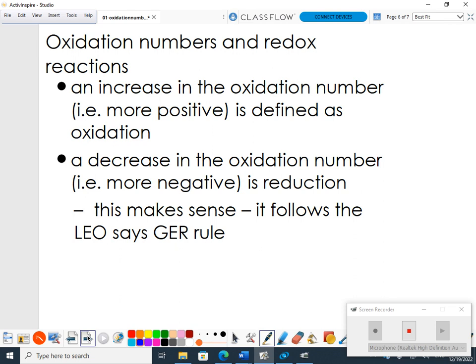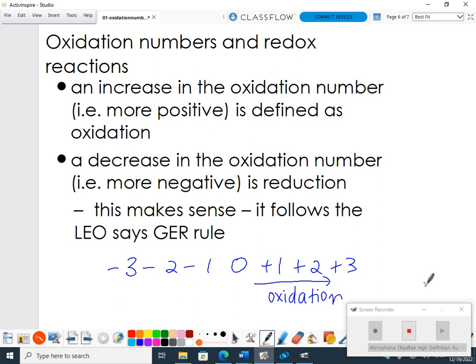So you can think of it like a regular number line. So let's say you have this. We would consider more positive, we would call that increasing in math, okay? So if it increases, it's going to be oxidation.